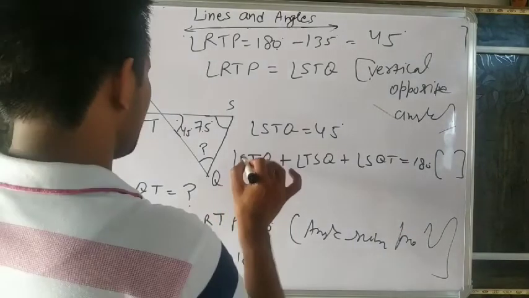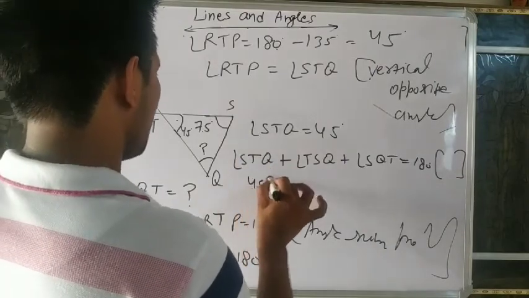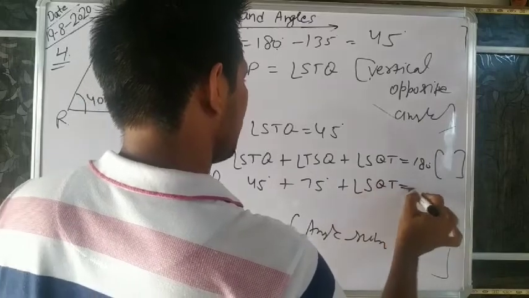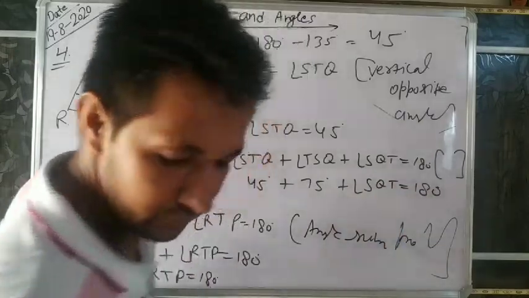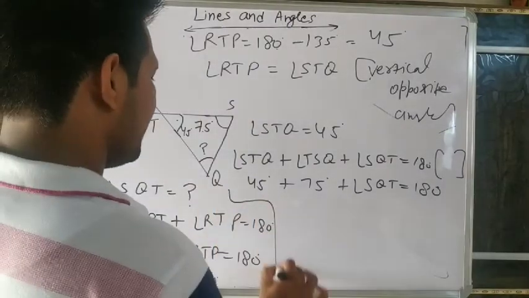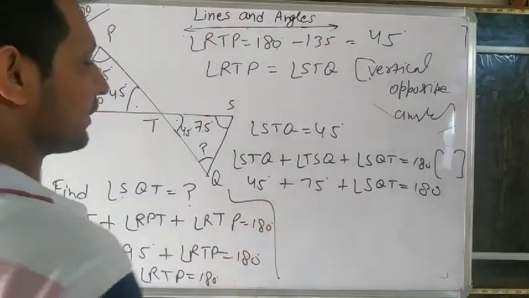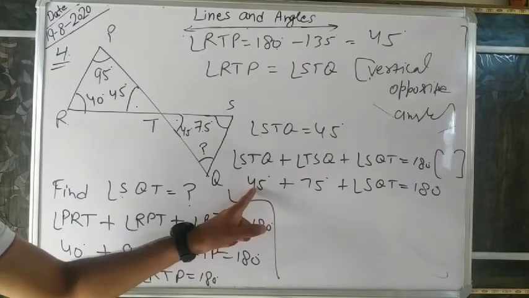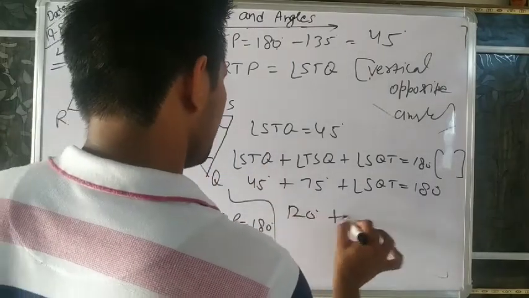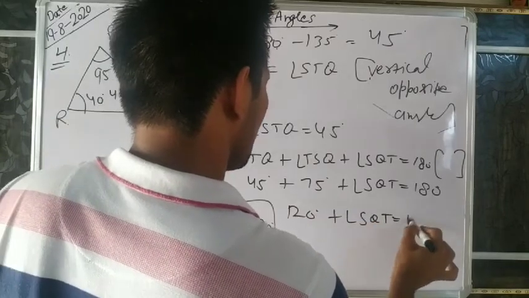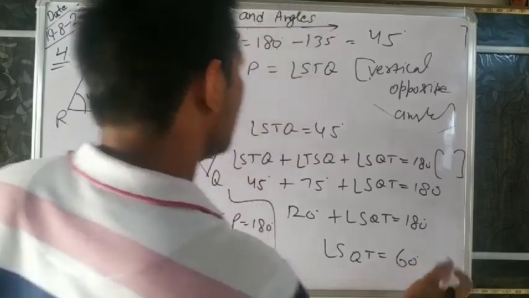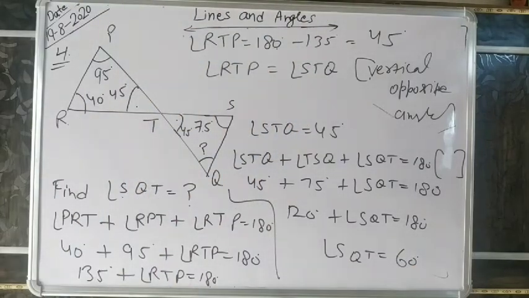So STQ is 45, TSQ is 75, SQT is to be found. 45 plus 75, 7 plus 4 is 11, 5 plus 5 is 10, so one more, 120 degrees. So 120 degrees plus SQT is 180. So how much is SQT? 60 degrees. Very simple questions these are.